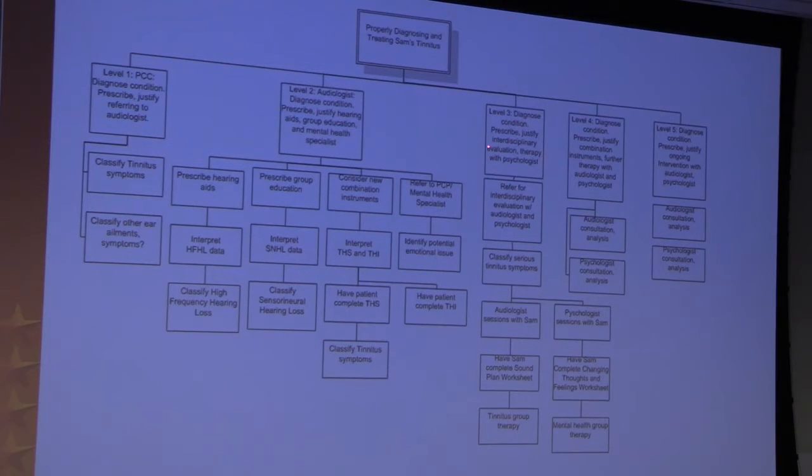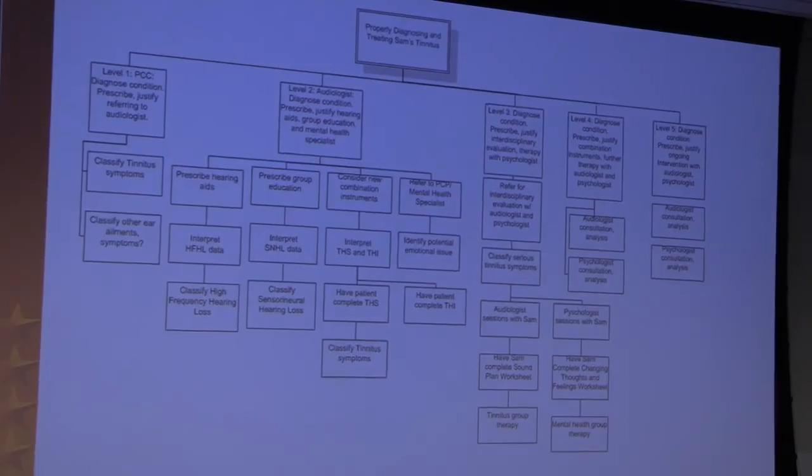Level 3, justify interdisciplinary evaluation and therapy with a psychologist. So if the group therapy and the hearing aids aren't helping, then maybe we also send them to a psychologist. And then you can have further therapy with audiologist and psychologist, and then maybe even have ongoing treatment. So these are the different phases that we go through as we treat Sam.